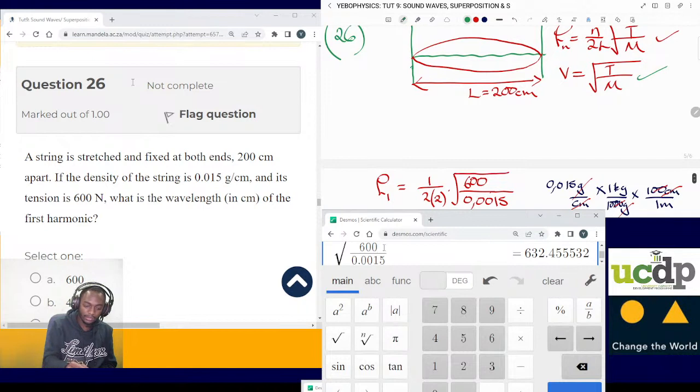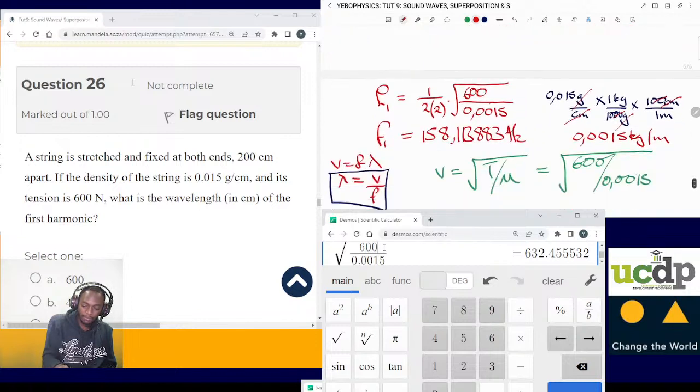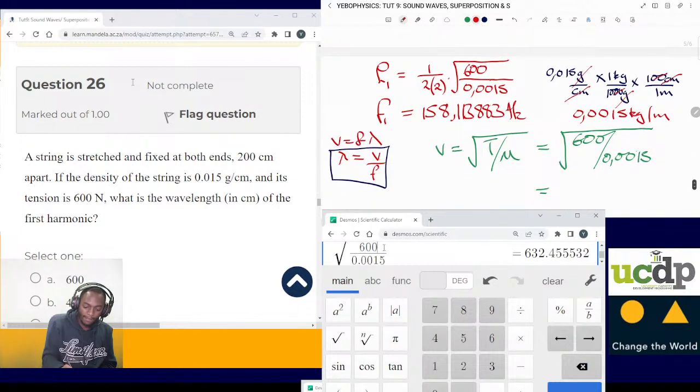It's frequency over mu, and this is the frequency which we calculated, 158.1138.